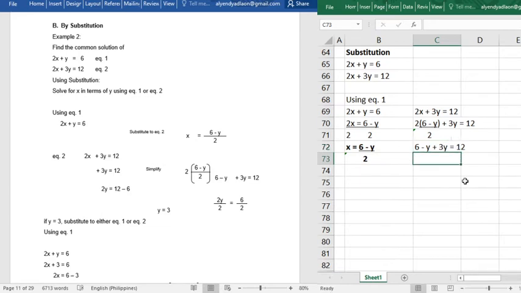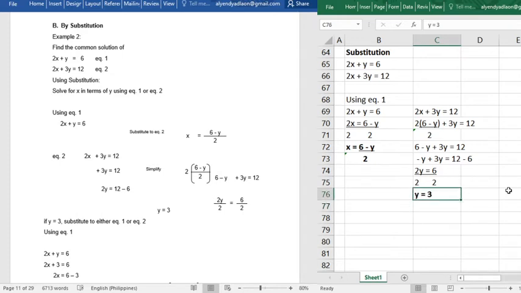So we now have negative y plus 3y equals 12, and then transfer the 6, which is now negative 6. Negative y and positive 3y, that is 2y, equals 12 minus 6, that is 6. Divide both sides by 2, and so we get y equals 6 divided by 2, that is 3.